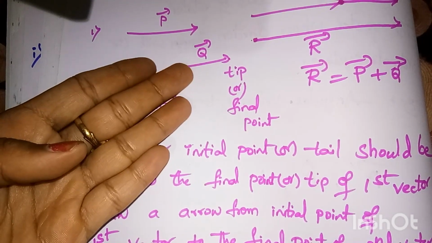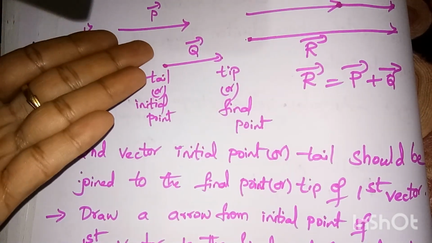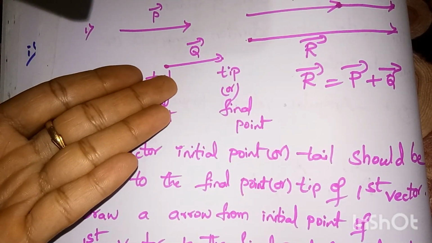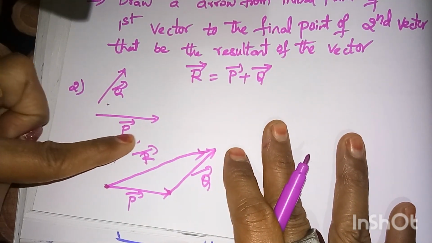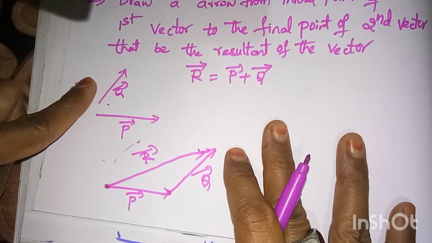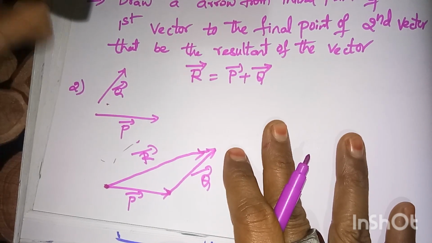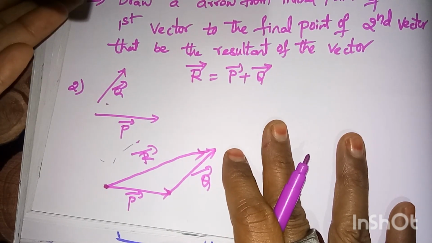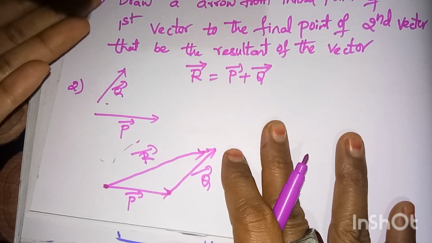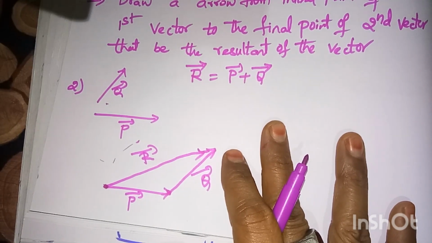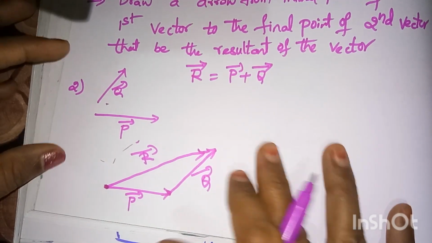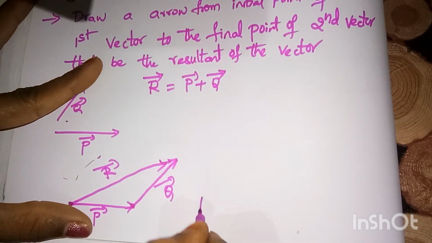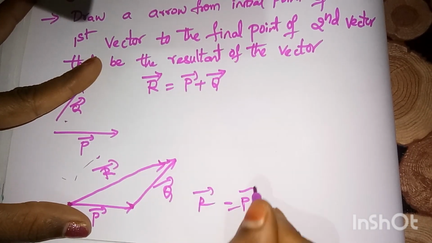Here the vectors were moving in the same direction, but here the two vectors are not in the same direction. You can observe that here there is a straight line, that is the first vector, and another is a slanting line. If there is a slanting line, there will be an angle made by the two vectors. So the resultant can be found like this: r bar equals p bar plus q bar.